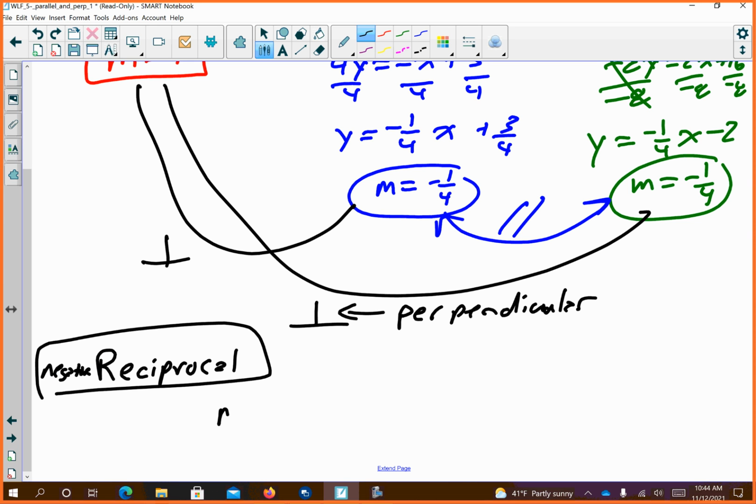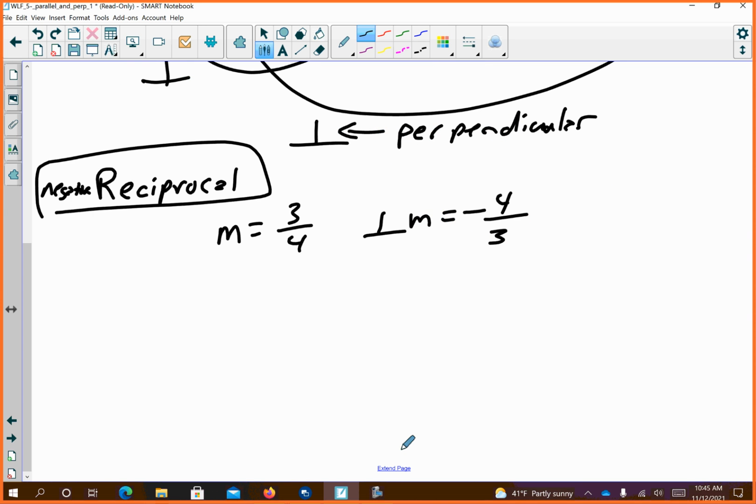So if you have a slope that's 3 over 4, the perpendicular slope would be negative 4 over 3. Okay? If you had a slope of 7, the perpendicular slope, you have to first realize that 7 is the same thing as 7 over 1, would be negative 1/7. Okay? So reciprocal means I flipped it over. It flips over. If it's positive, you change it to negative. If it's negative, you make it positive.